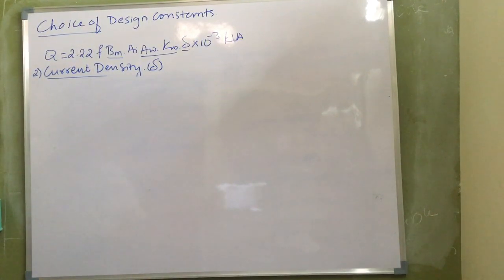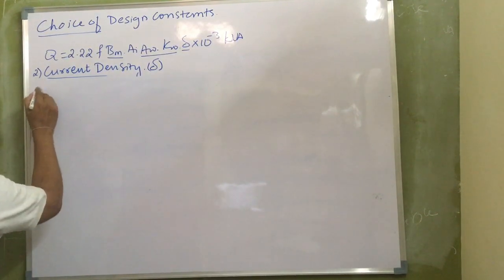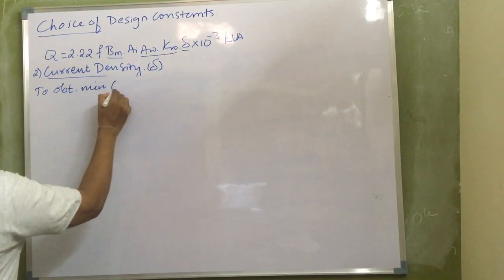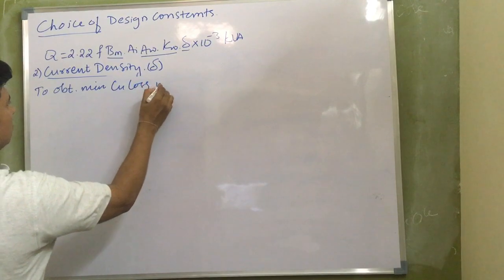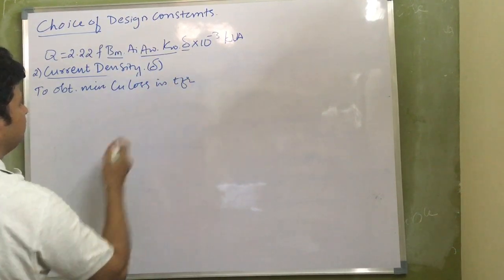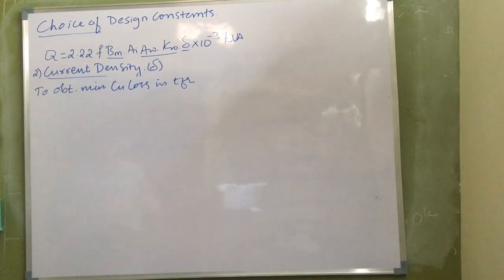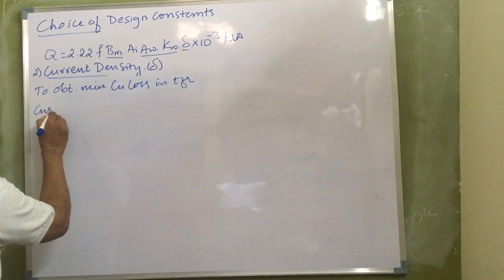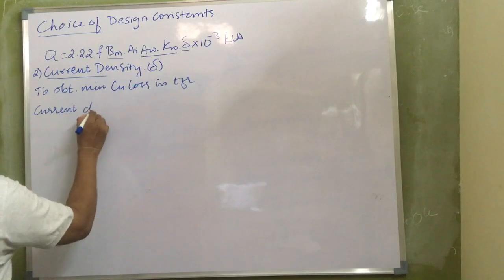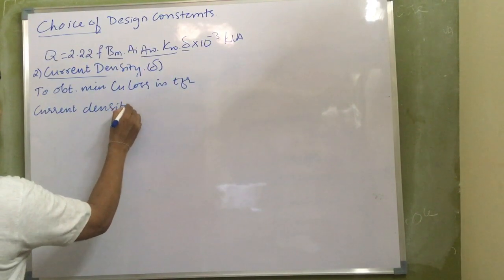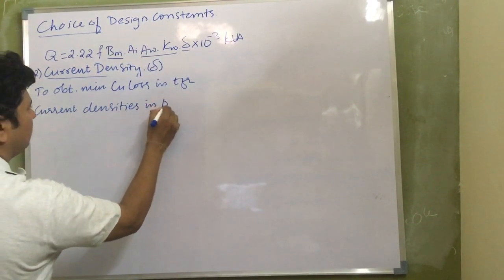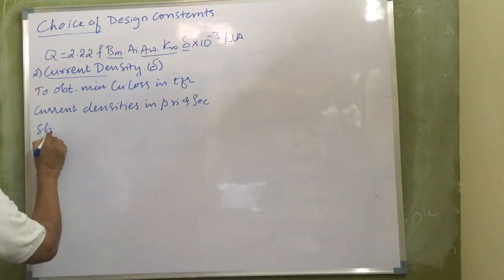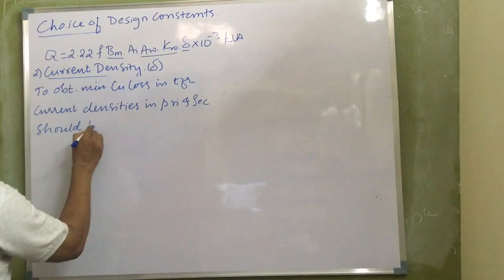To obtain minimum copper loss in a transformer, the current densities in primary and secondary should be equal.